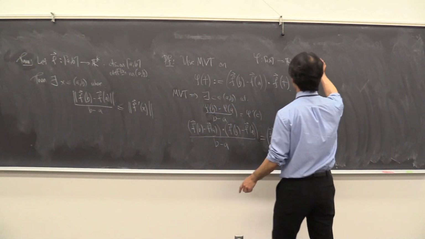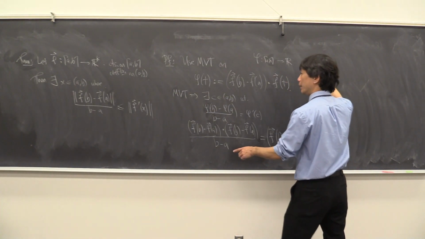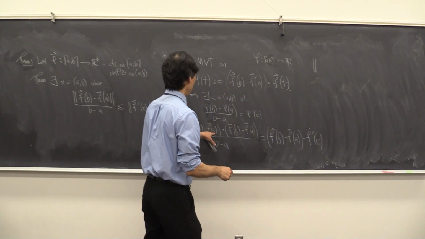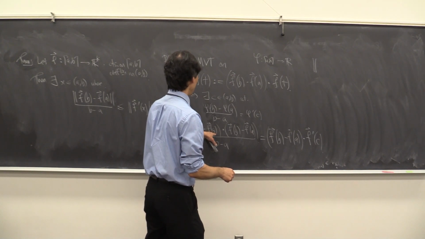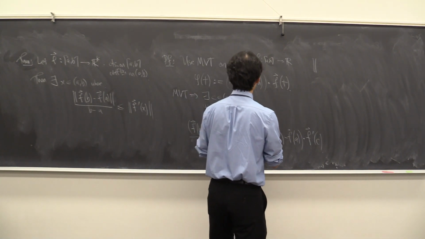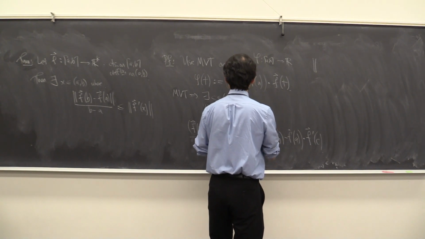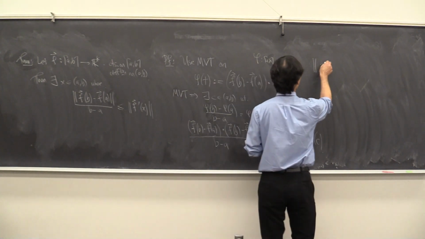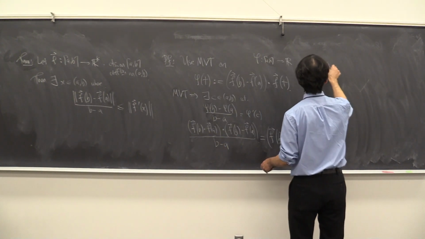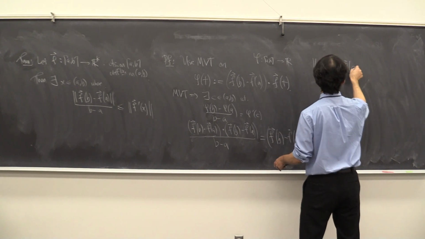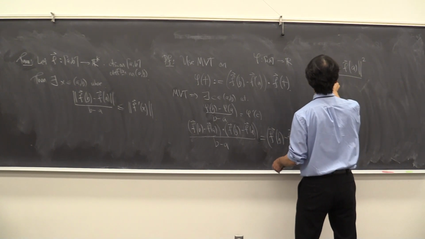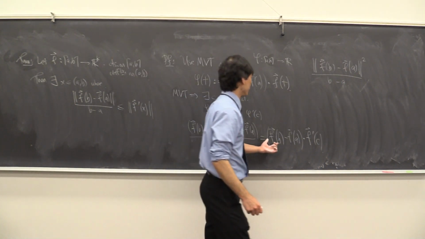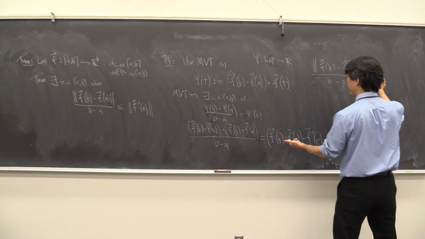And so let's take the magnitudes of both sides. So this thing here is the magnitude squared of this. A vector dotted against itself is the magnitude squared. That thing is equal to this.